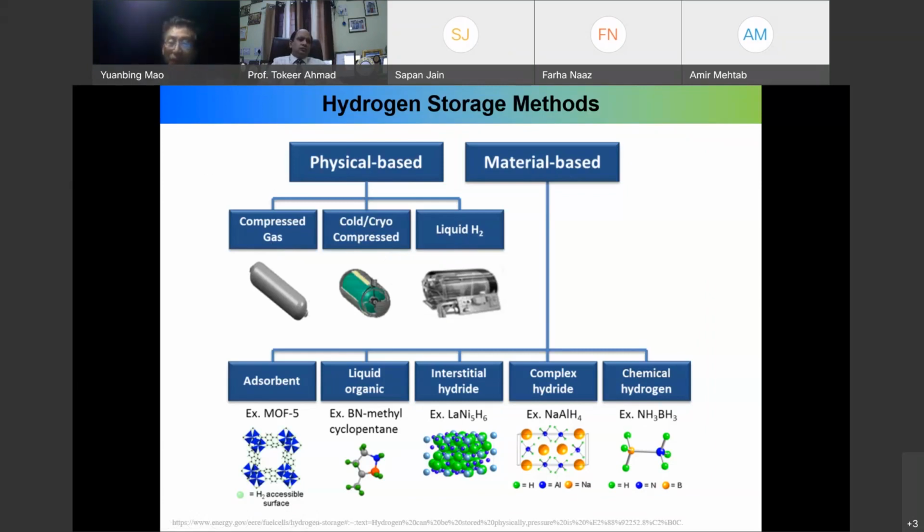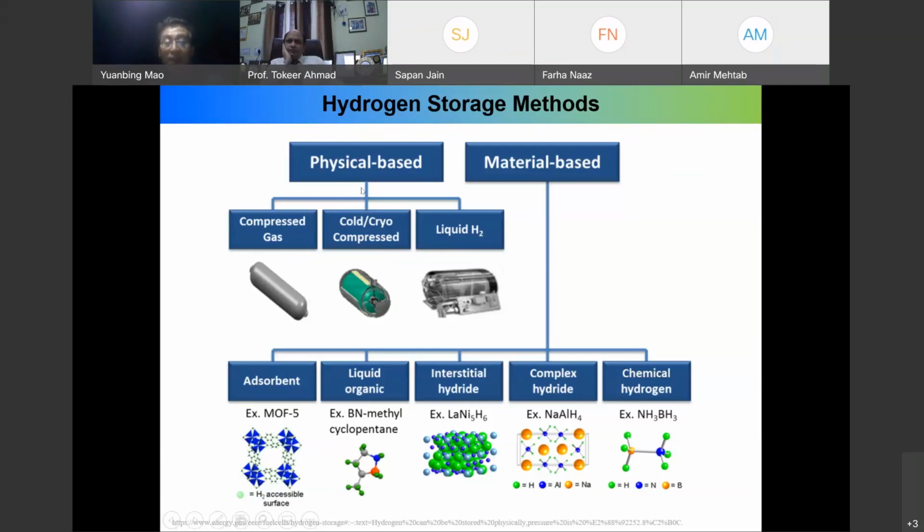So then for the material-based methods, there are different ones. Some of these could be a physical process, a physical adsorption process, or some of these are chemical processes. So I'll get into this in a little more detail.